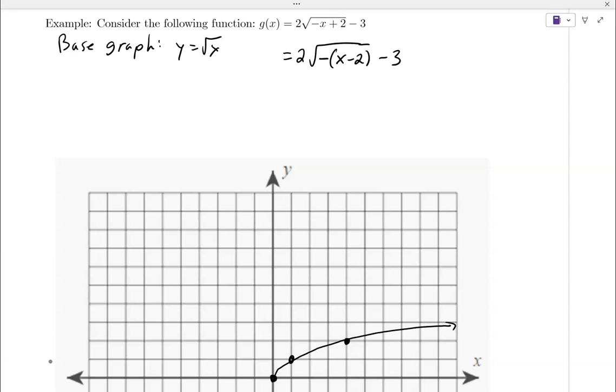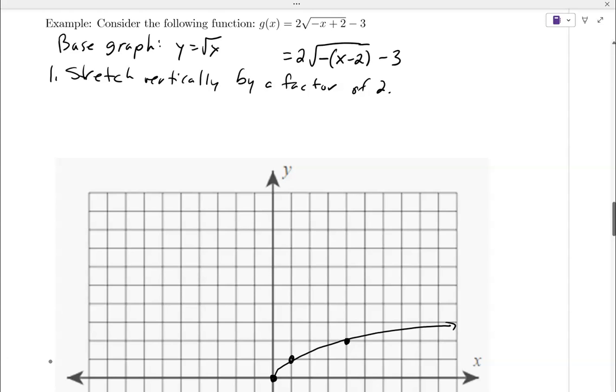How do we know it's a vertical stretch rather than a horizontal one? The 2 is on the outside, so it affects the outputs. So your first transformation will be to stretch vertically by a factor of 2.